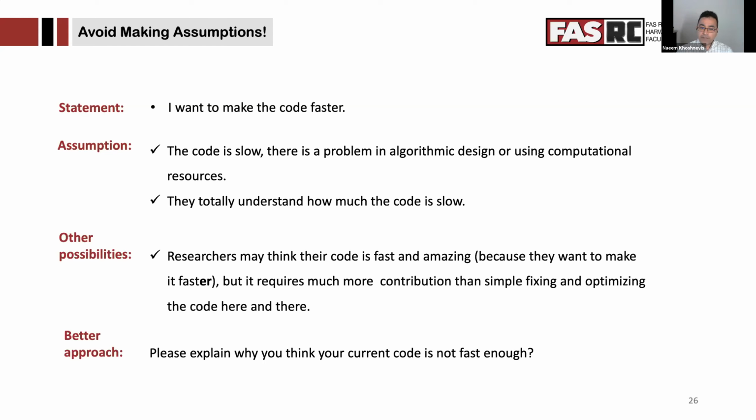But the other possibility is researchers may think their code is already fast and amazing, and they want to make it even faster, but it requires much more contribution than simply fixing and optimizing the code here and there. So a better approach for this scenario could be, please explain why you think your code is not fast enough. So they can explain their reason, or if you ask the question, they say, no, it is fast, I just want to add these features and that.